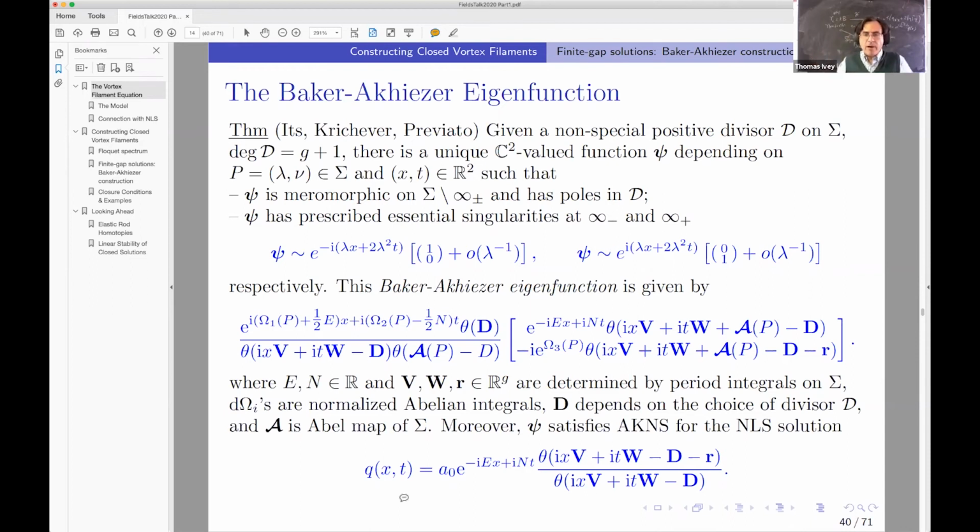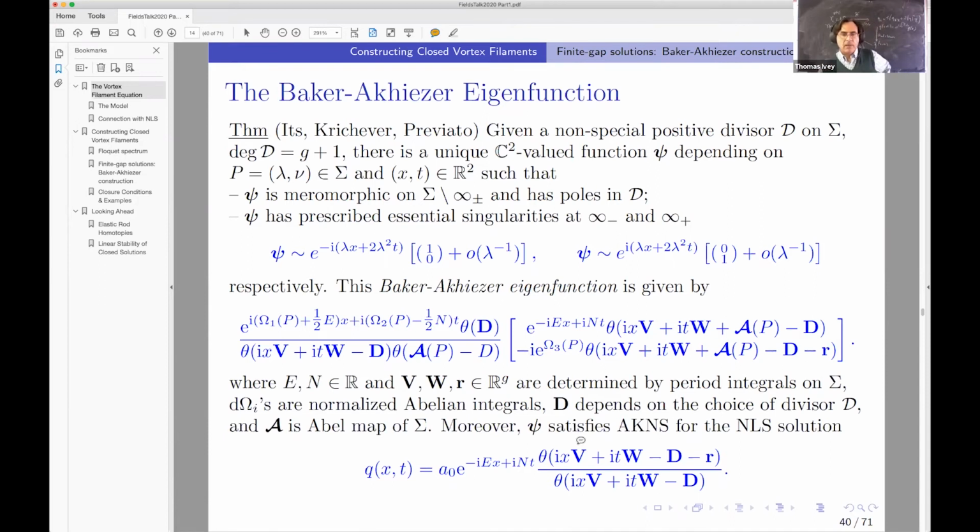Now, we wanted to have something that is periodic in x. So what do you have to do to maintain that? Well, the theta function is 2 pi periodic in any of its input directions. It's a function on C to the G. So you have to make sure that the coefficients of vector V are rationally related numbers.